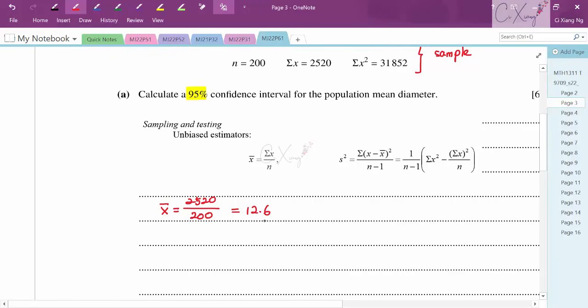Now I want to get the unbiased estimate for the population variance. Generally, you can apply either this formula or this one. For me, I'm using this one because I have all the information for this formula. So 1 over n minus 1, that means 1 over 199, and then the summation of x squared, which you can get straight away, 31852, minus the summation of x, 2520, squared, divided by 200.